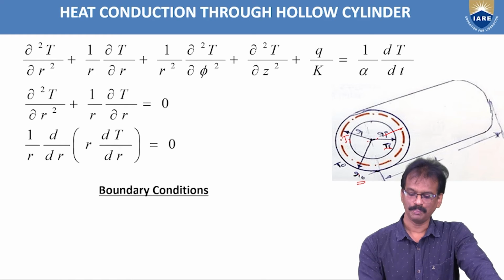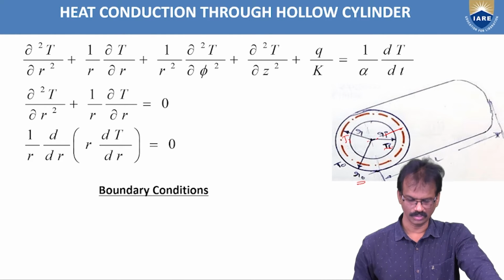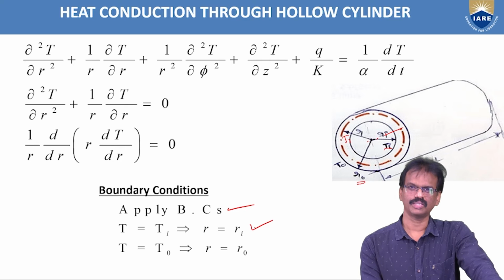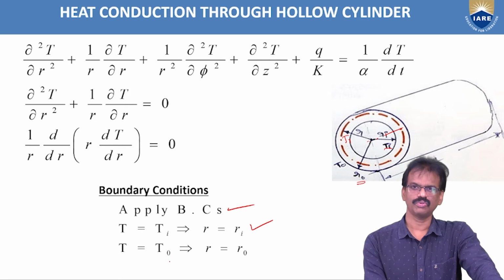Temperature is equal to Ti when r is equal to Ri. That is boundary condition one. Similarly, T is equal to T0 when r is equal to R0. This is the second boundary condition.